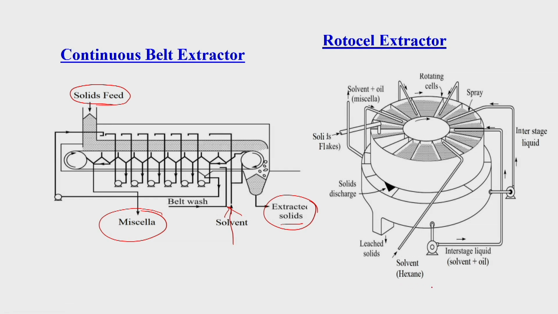Like the rotocell extractor, here also many rotating cells are available and solid is supplied from the top, and the inert or leached solid, or extracted solids, come out from here, and the extracting solvent is supplied from the top of this extraction unit.